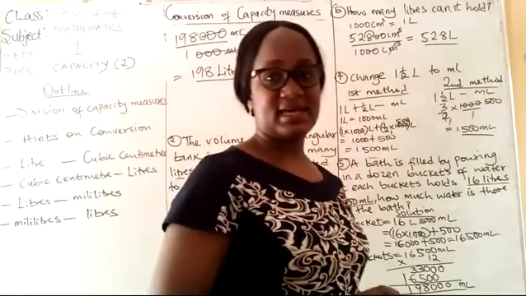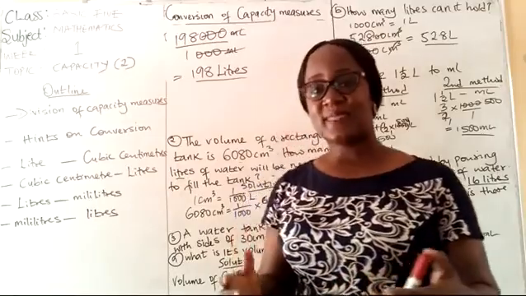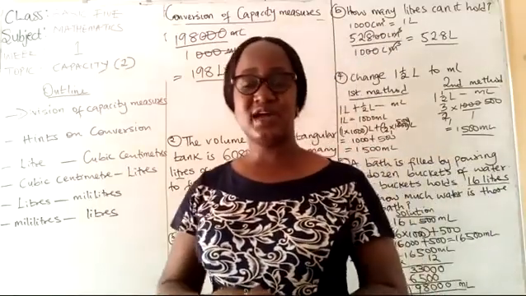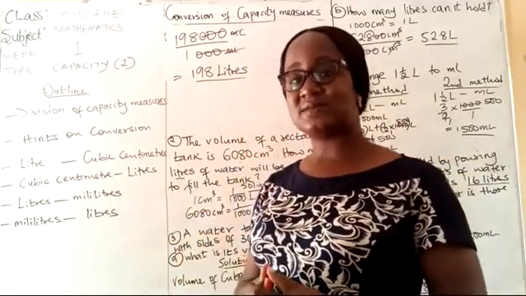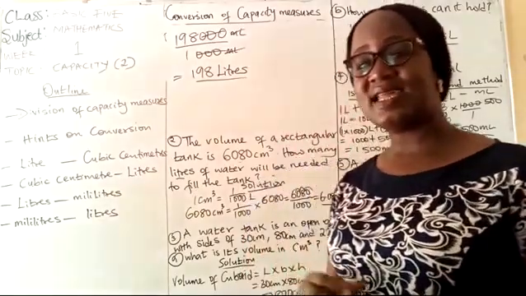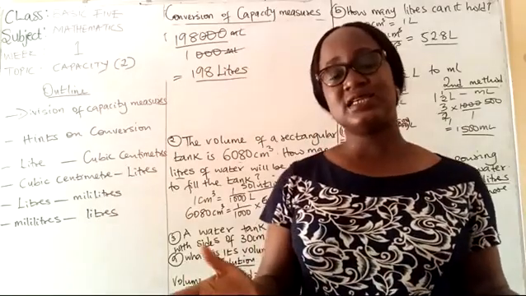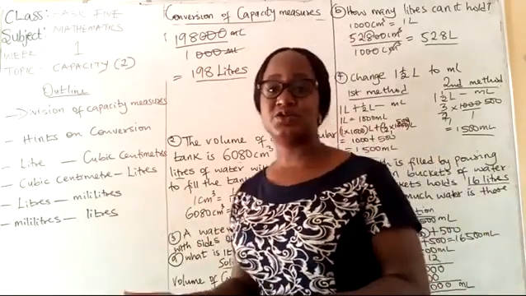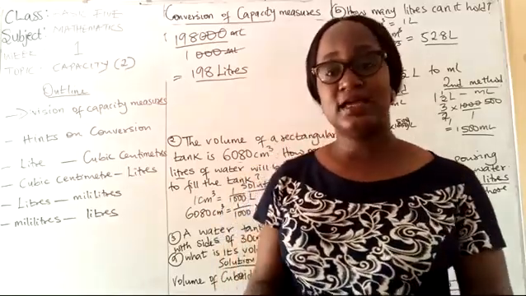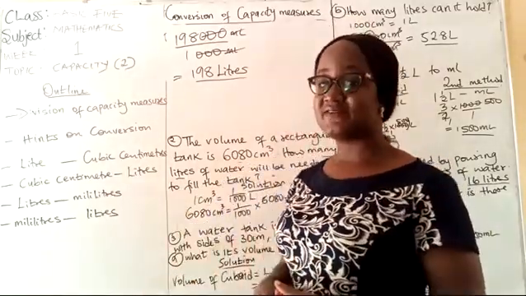Okay, so at this point, we've solved together, and I have 1 or 2 for you to try out for me. I'm expecting you to solve it correctly. Remember the hints that I gave you in conversion? When you're converting from a higher to a lower unit, you multiply. When you're converting from a lower unit to a higher unit, you divide.